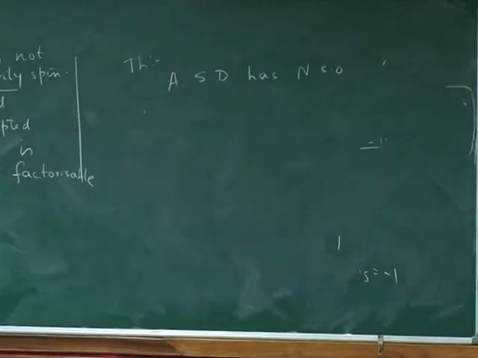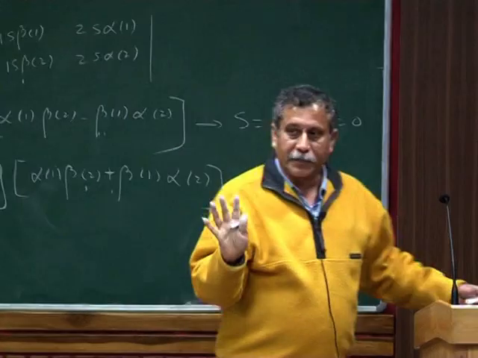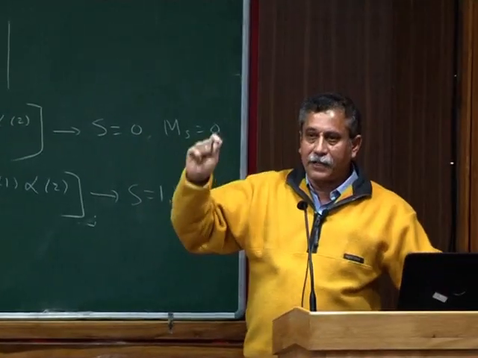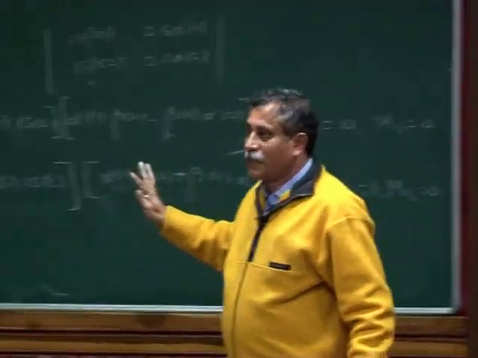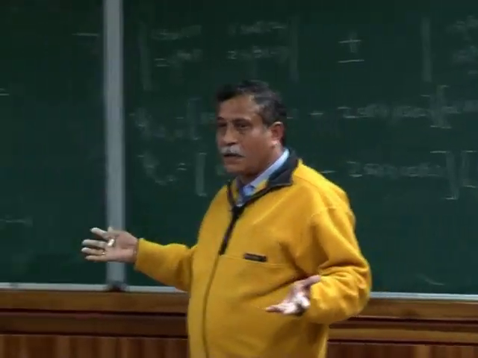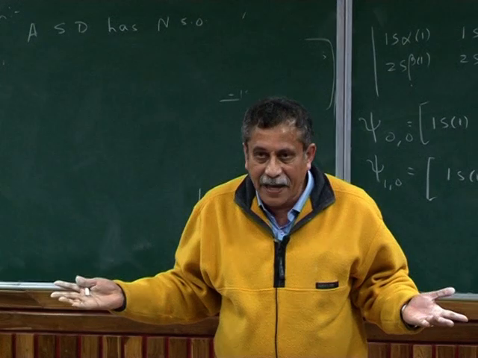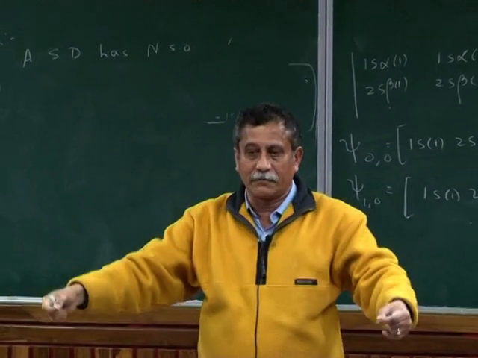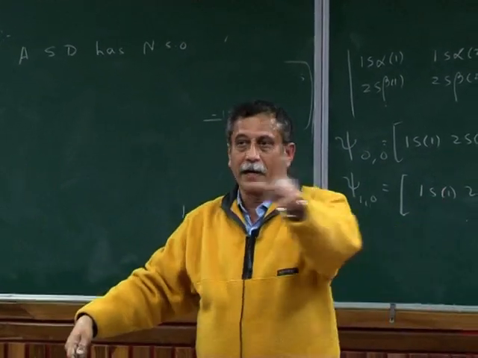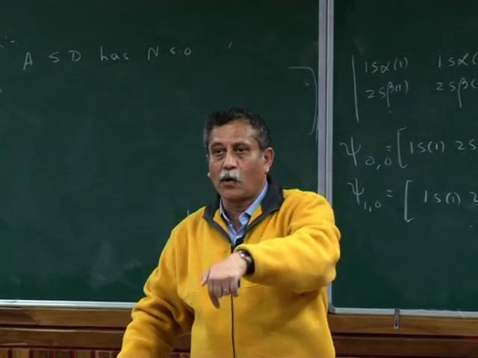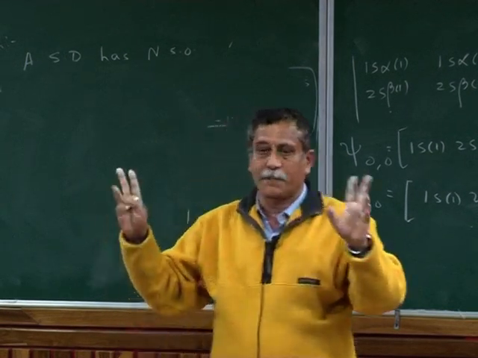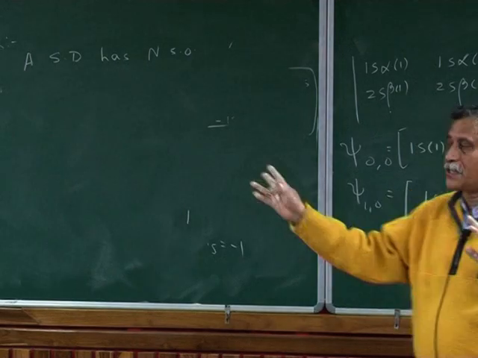Every single determinant is characterized by n spin orbitals. If I know the spin orbitals, the determinant is completely fixed. Of course, n spin orbitals essentially means n electrons. I can write n rows and n columns. Rows will be spin orbitals, columns will be the coordinates of the electron, which are space and spin coordinates.